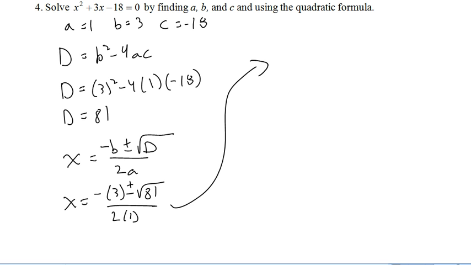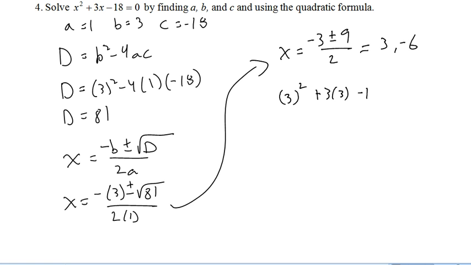And that is going to give us negative 3 plus or minus 9 all over 2, which means that x is 3 or negative 6. Okay, and let's do a quick check, make sure that worked. And that's true.